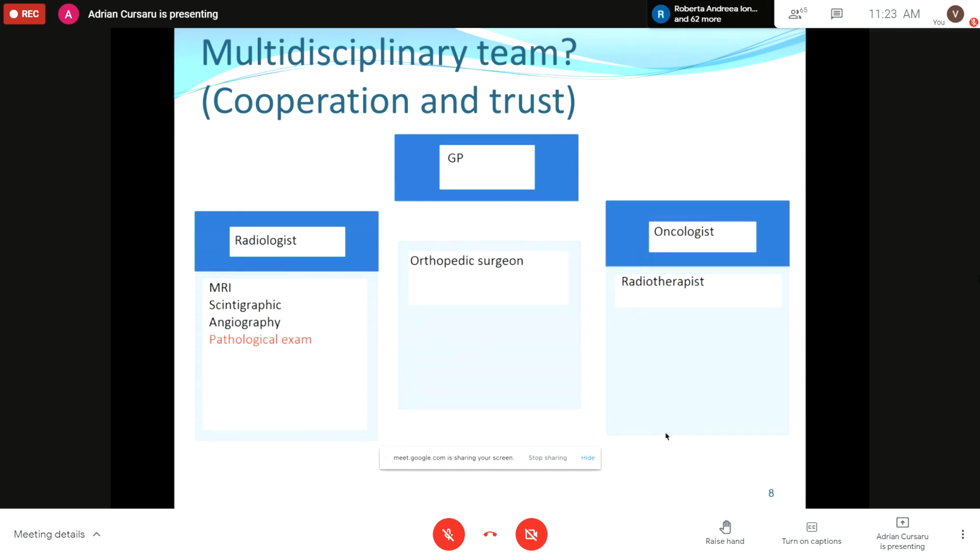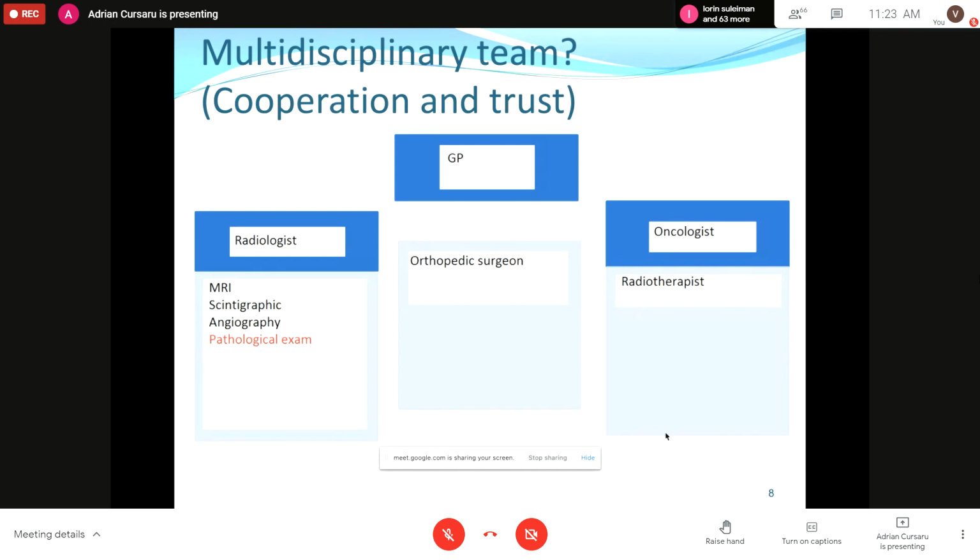Yes, we need a multidisciplinary team. It is very important that the surgeon discusses with the radiologist and with the oncologist for a correct treatment. The treatment, especially for the malignant tumors, isn't just the surgical one. We have to perform some imaging procedures, and we will talk a little bit about it. For example, angiography and embolization of the tumors, to stop the cells from going into the blood and causing metastasis.